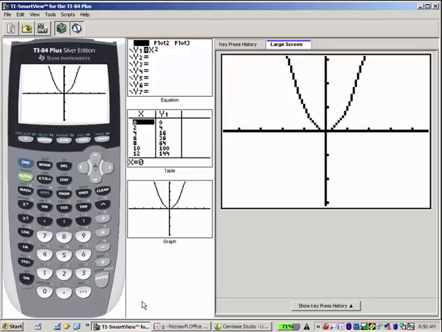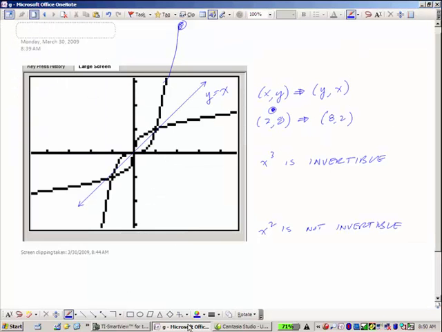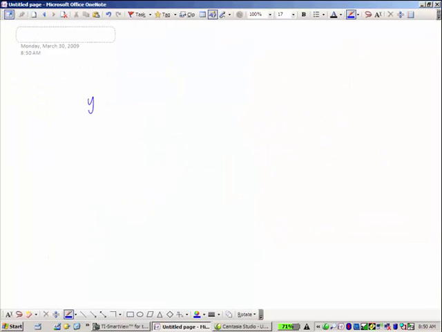Is that okay? As a matter of fact, if you were to do that algebraically, y equals x squared, to find it algebraically, switch the x and y. Does that sound familiar? X equals y squared, so y is equal to square root of x, right?